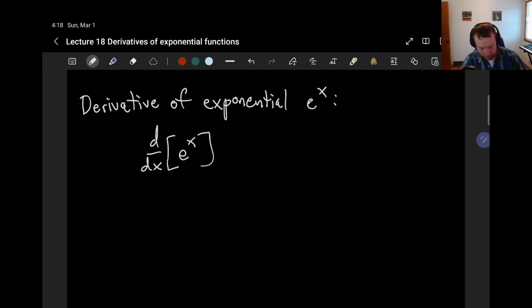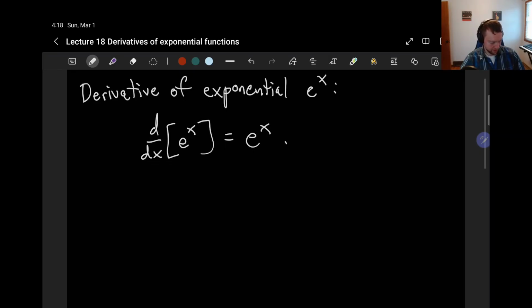So taking the derivative of e to the x, I say this is easy because it turns out it's its own derivative, which is fascinating. e to the x describes its own rate of change at every point. So that's pretty cool.